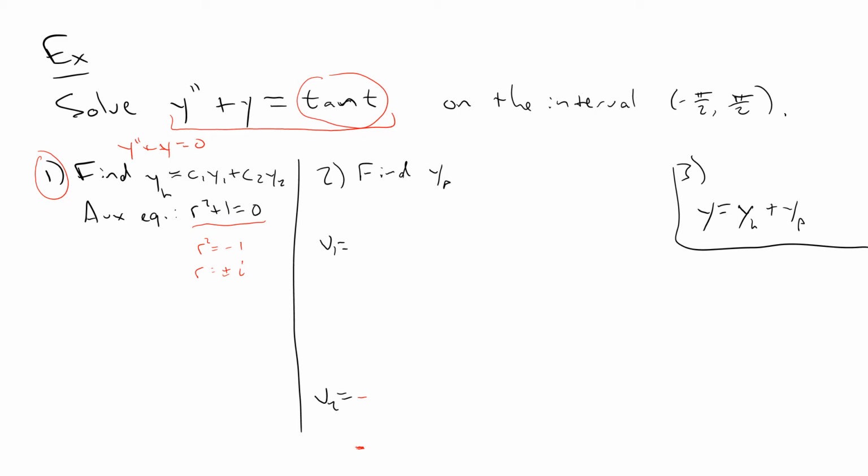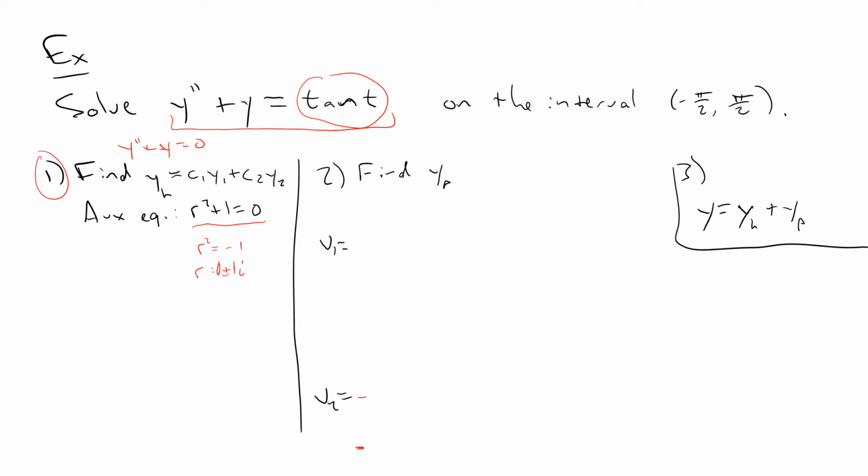If r equals plus or minus i, that's a complex root to our auxiliary equation. So we know that our homogeneous solution will be e to the alpha t sine beta t and e to the alpha t cosine beta t. It'll be a combination of those two. But in this case, our alpha is 0 and our beta is 1.